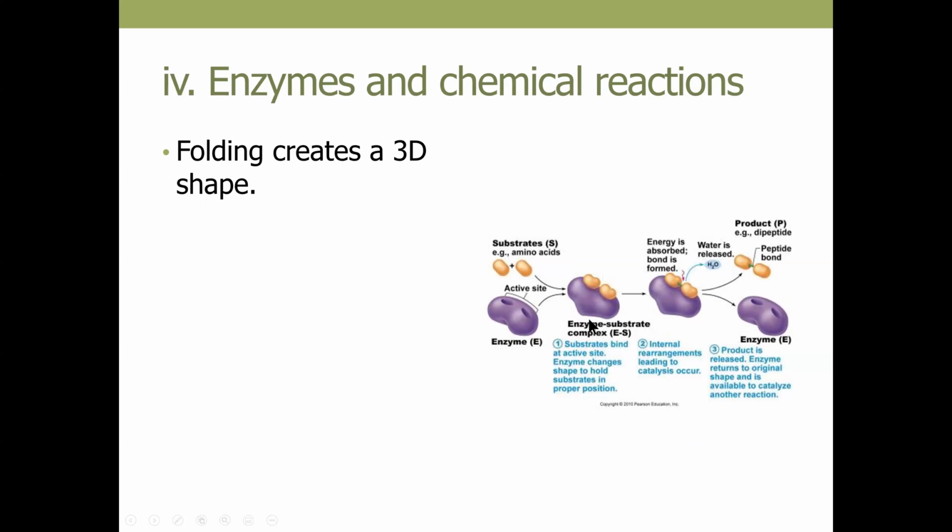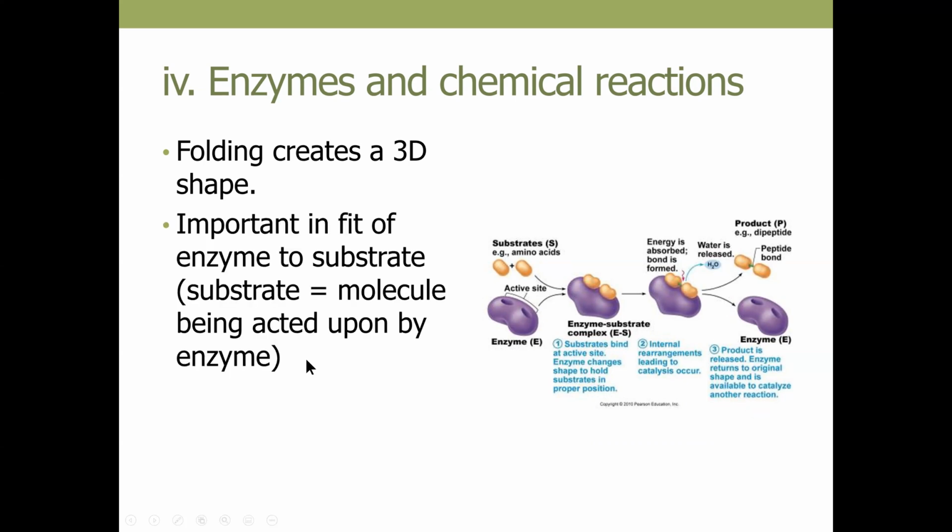Once the enzyme has these two molecules attached, the enzyme will undergo a configurational change and bring those two molecules at the bonding site close together, and then a bond will form, okay? Then these molecules will be released, bonded. Nothing happens to the enzyme. The enzyme then goes back and performs this again.